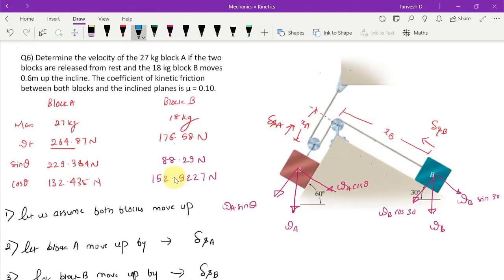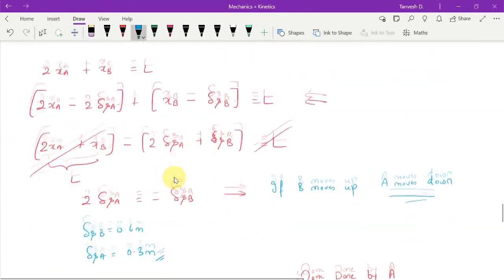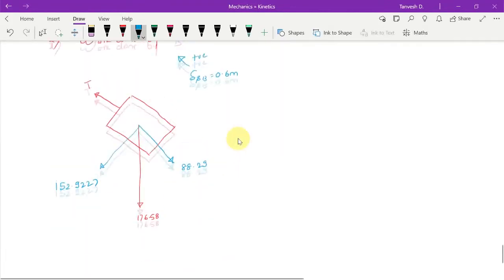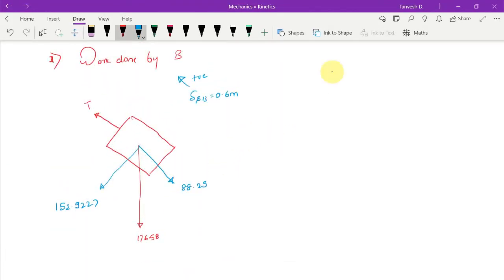And the frictional force, for which we need the normal reaction. The normal reaction would be like this, N2 I'll say, and since the direction of motion is this way, the frictional force would be like this, which is 0.1 times N2.